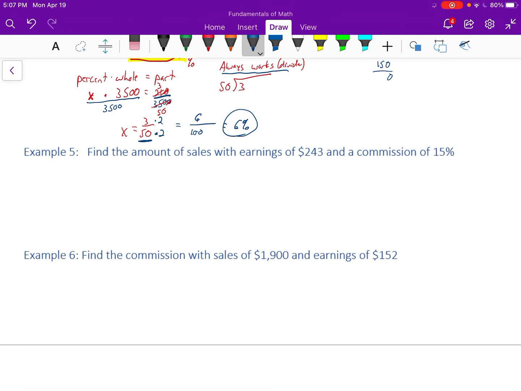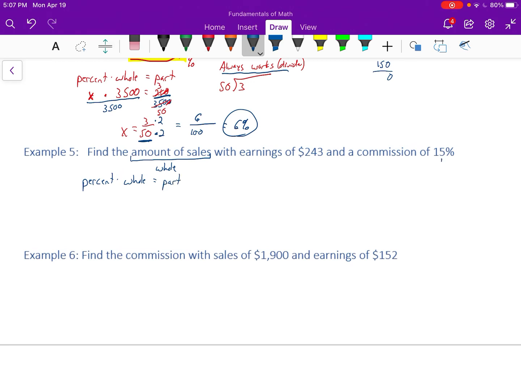And there were more than I thought. So find the amount of sales, that's the whole, with an earnings of $243 and a commission of 15%. So we know that percent times whole equals part.